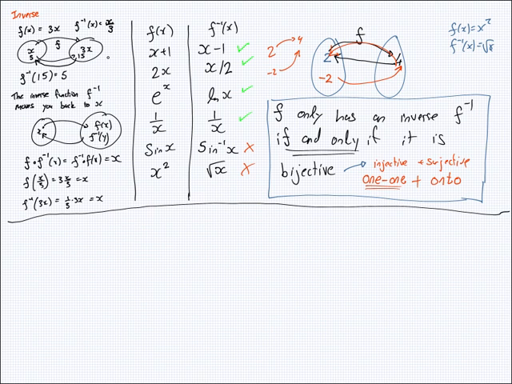Right. Now, we noticed that there was a problem with sin x, because sin x is not 1 to 1, is it? This is the problem, many to 1. It's many to 1 because it looks like this.